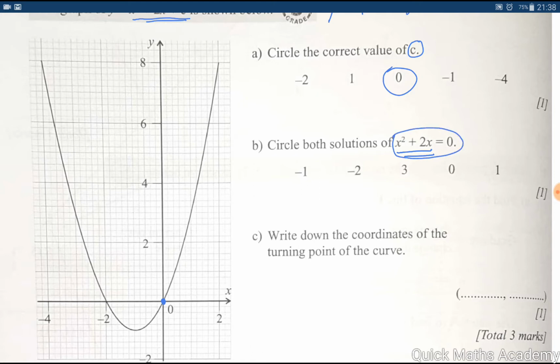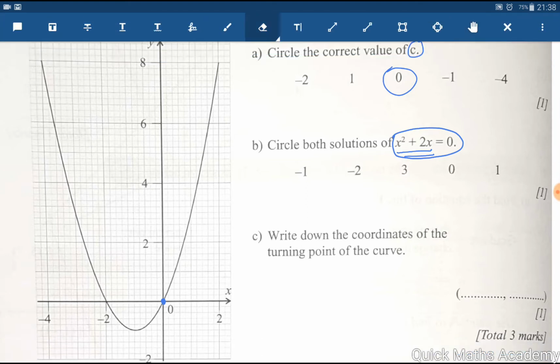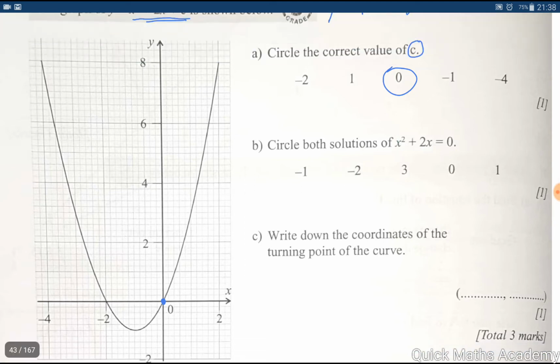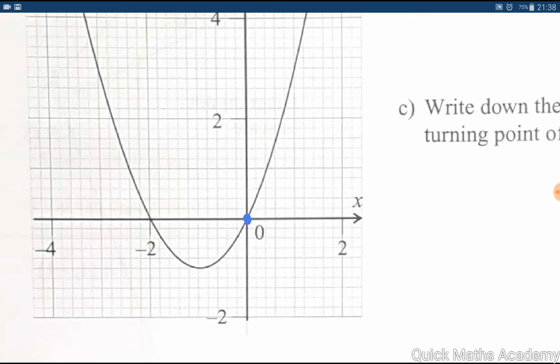So we have two ways of solving this. We are looking for the zeros of this equation, and it is very straightforward. I can look at the chart and I can see the zeros are -2 and 0. Why?